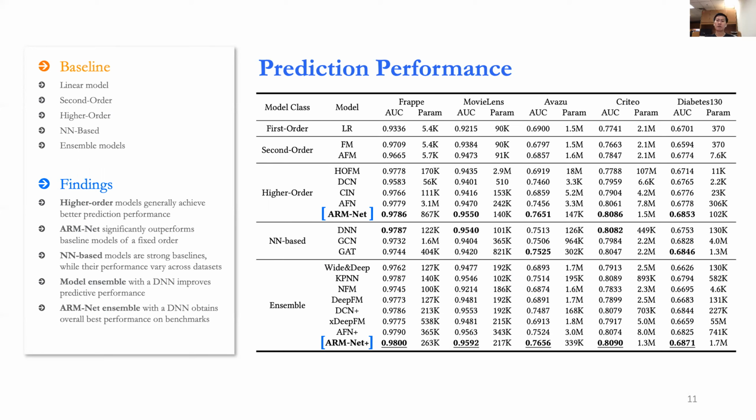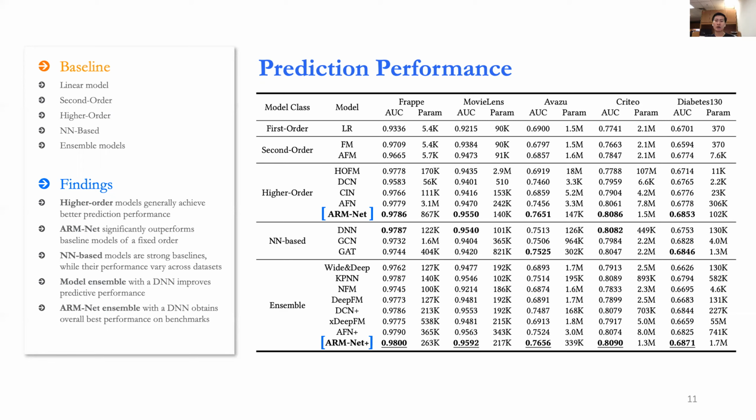And finally, various single models ensembled with a neural network. We adopt the same training settings for different models and report both AUC and their parameter sizes. The main results are summarized in the right table.